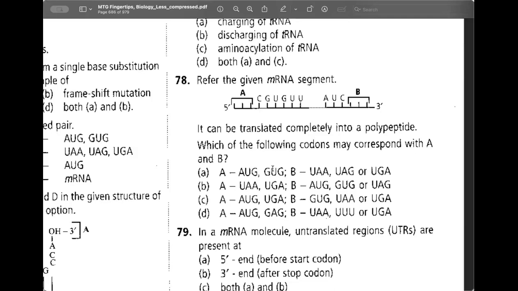The point is, if a GAG is present at the sixth position, which it is in the beta chain of hemoglobin, and if that gets mutated to GUG, that causes sickle cell anemia. Not any GUG. Here they are talking about the first codon. This is just a random mRNA segment. So it's not like anywhere GAG mutates to GUG, it will cause sickle cell.